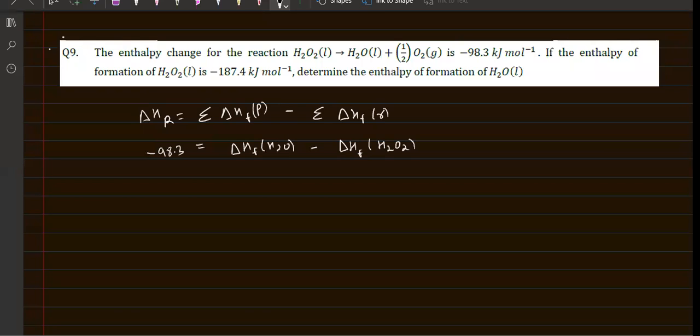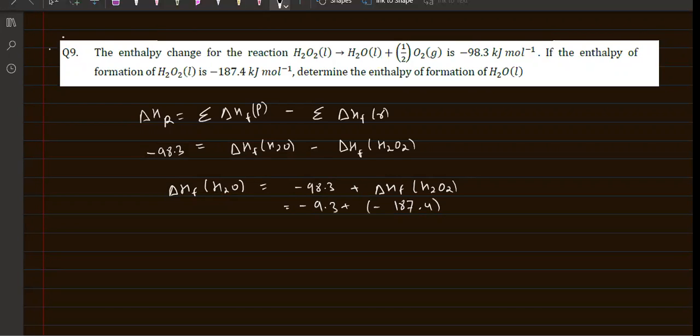Got it, everyone? So delta H formation of H2O would be minus 98.3 plus delta H formation of H2O2, which is minus 187.4. Yes or no, everyone?